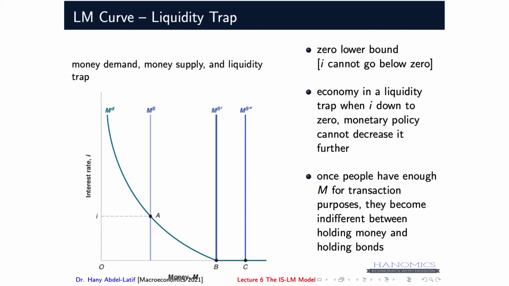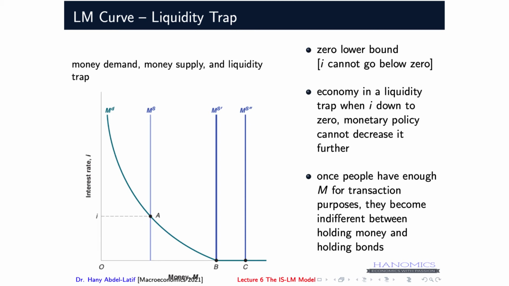So the idea here again, when the interest rate is equal to zero, and once people have enough money for transaction purposes, they become indifferent between holding money and holding bonds. The demand for money becomes horizontal, as you can see, this BC segment. This implies that when the interest rate is equal to zero, further increases in the money supply would have no effect on the interest rate, which would remain equal to zero.